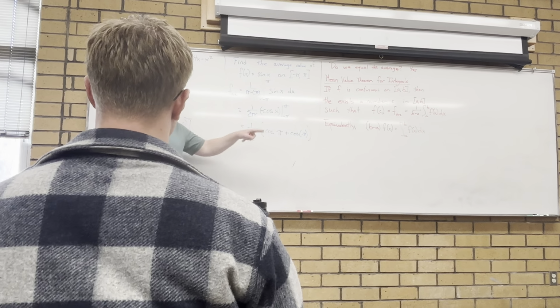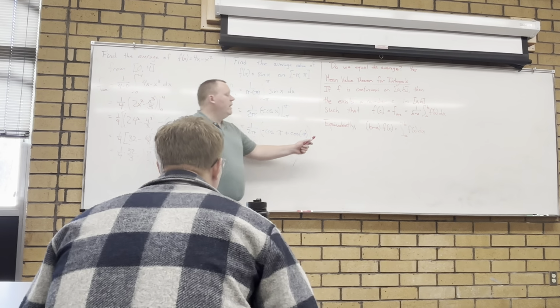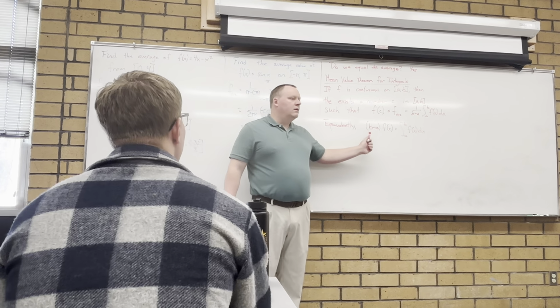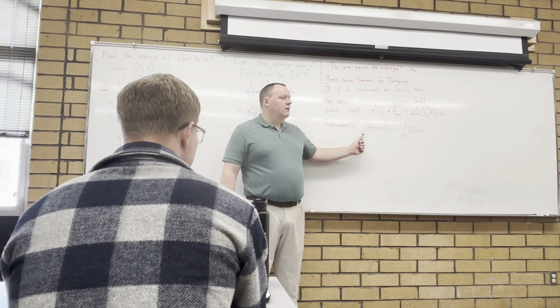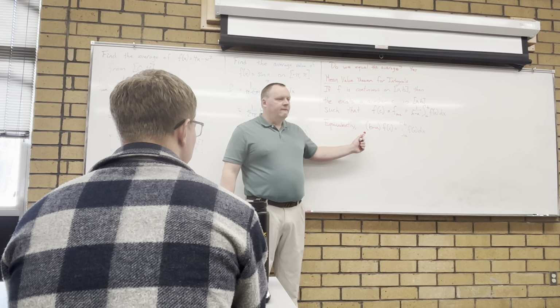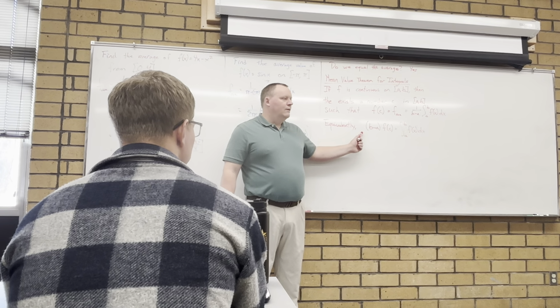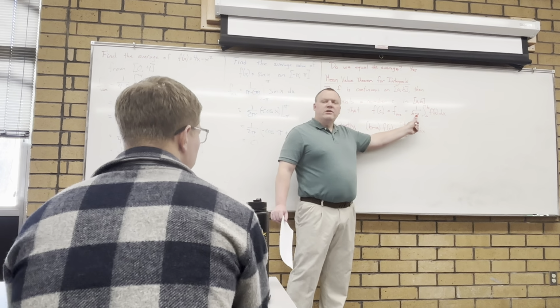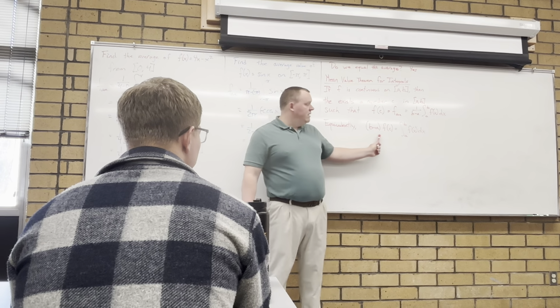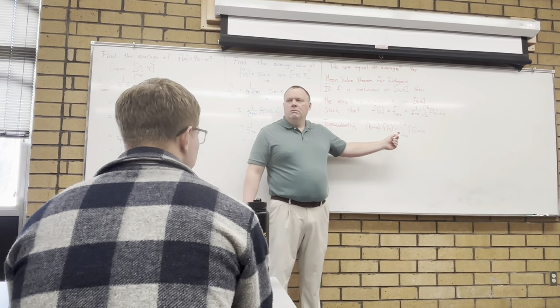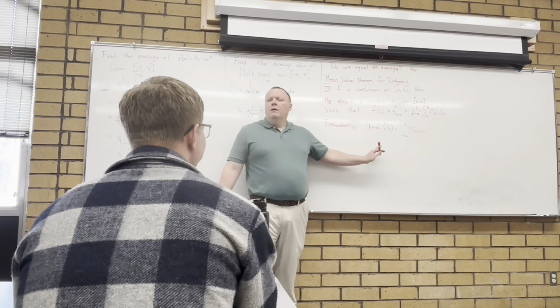How am I getting this equivalent statement? I'm just multiplying both sides by b minus a, clearing that fraction. That gives me a b minus a on this side and just 1 over on that side. So, is that making sense?